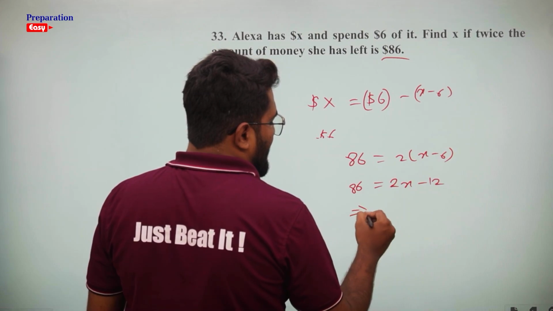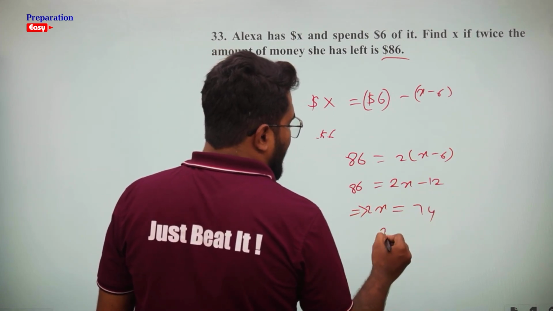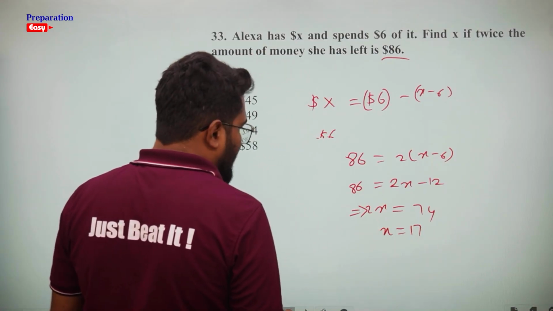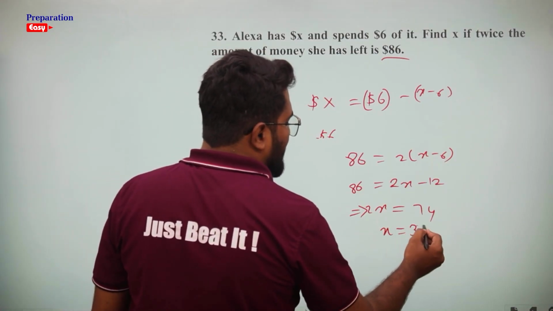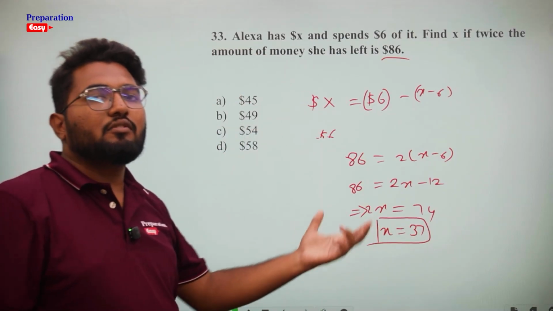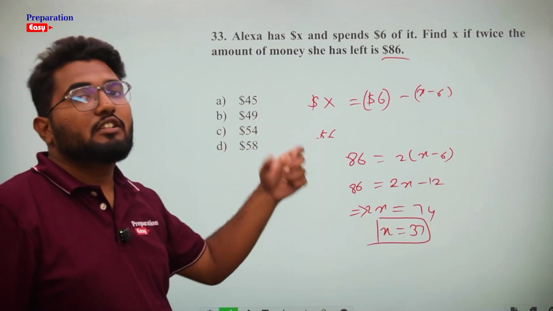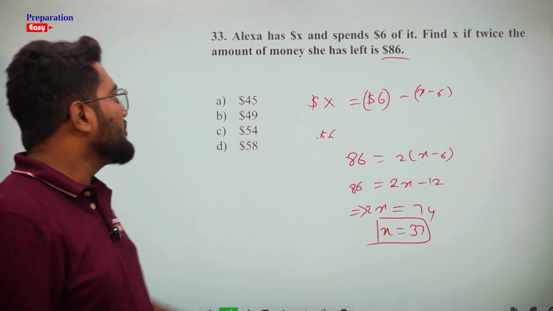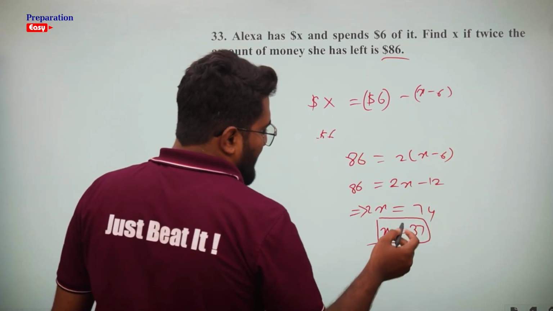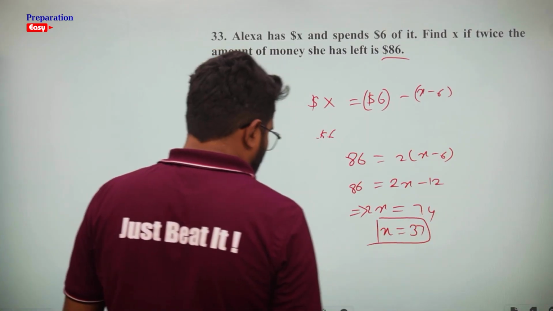That gives 2x equals 98 and x equals 49. Not that, x equals 37. How much money does she have left now? 37. So how much money did she spend? She spent $6. So 37 plus 6 will become, is 37 correct? 3 twos are 6, 14.